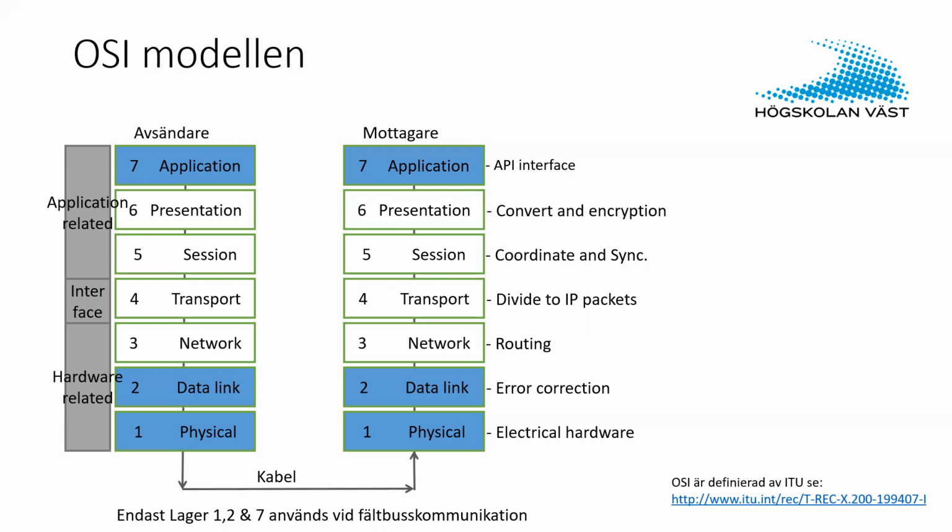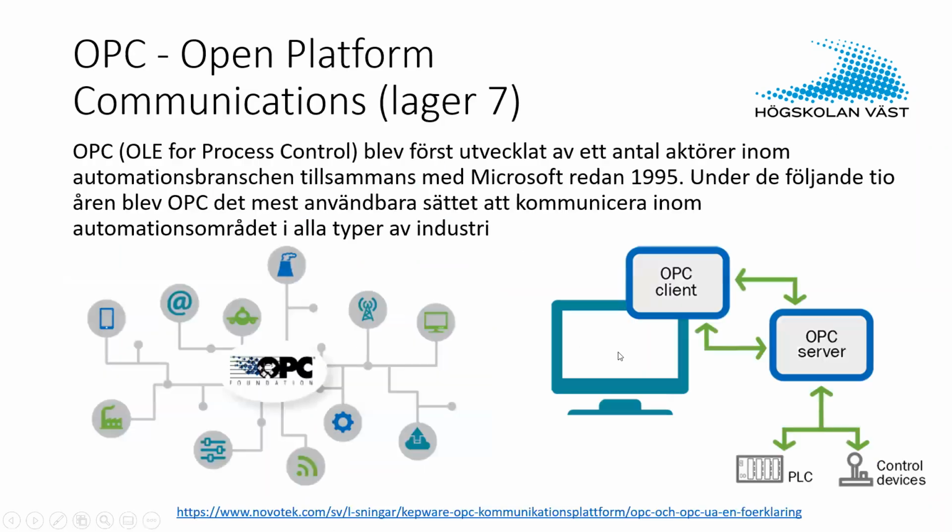So the different field buses are mainly layer 1 and 2, but sometimes there are actually some data exchange standards concerning layer 7 as well. But almost always it's only layer 1 and 2.